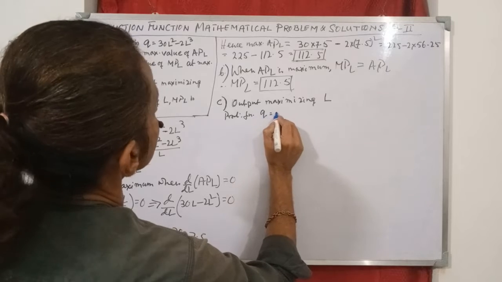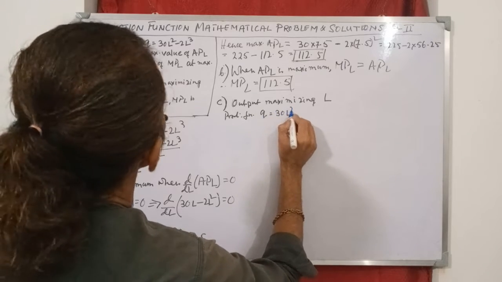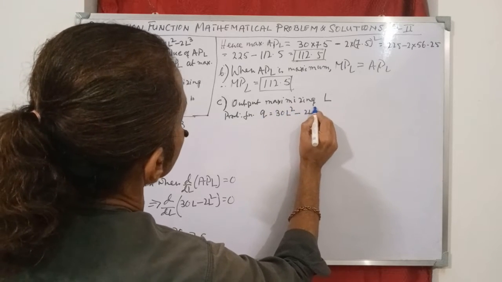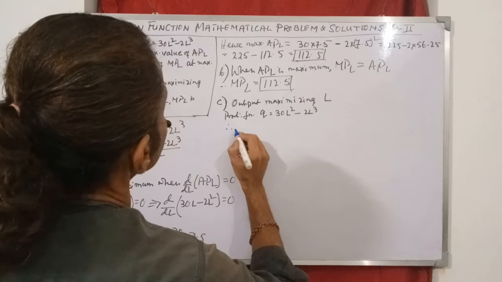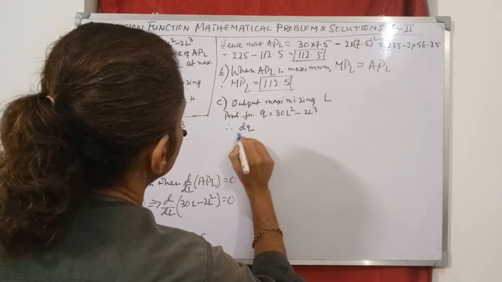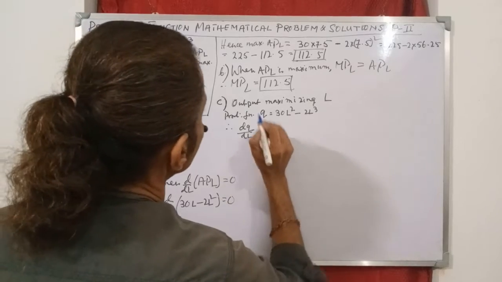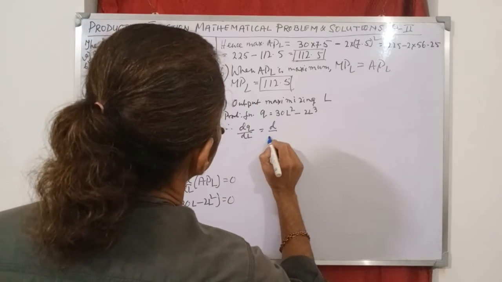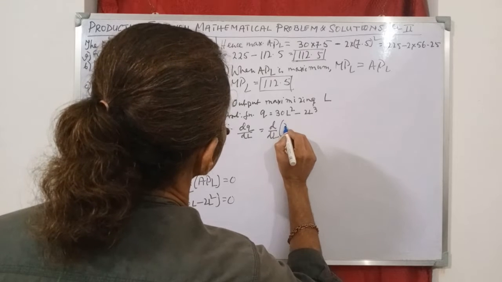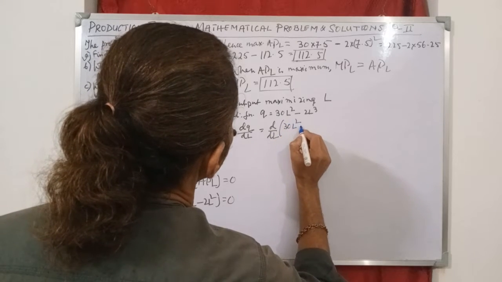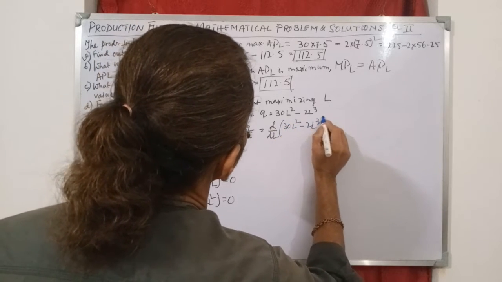So we have the production function Q equals 30L square minus 2L cube. Therefore, dQ/dL is equal to d/dL of 30L square minus 2L cube.